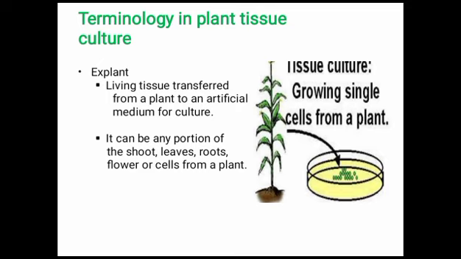So an explant is a very small part taken from any part, that is shoots, leaves, roots, or flowers, etc. These explants are living tissue that can be obtained from any plant part and transferred into the artificial medium, and from that artificial medium the explant can grow into the whole plant.